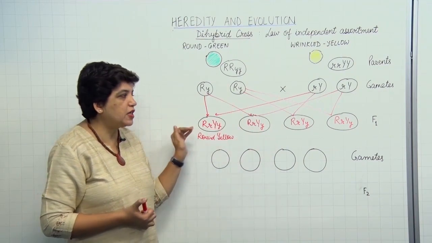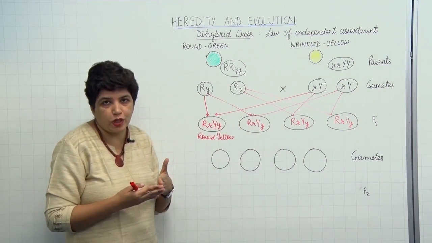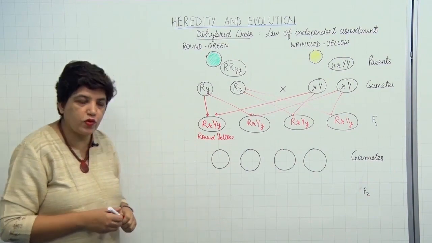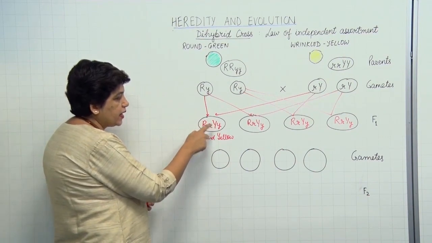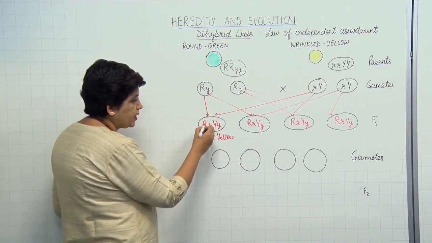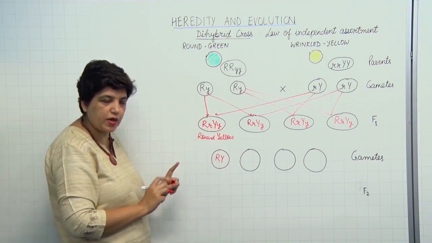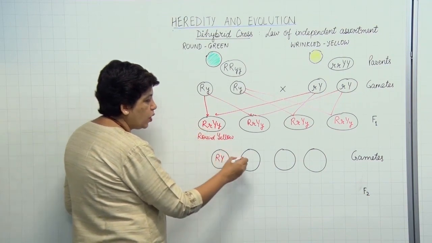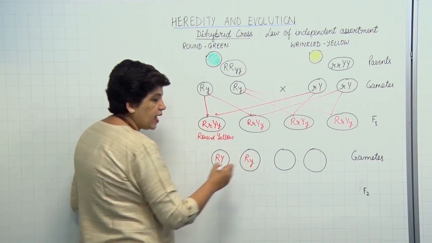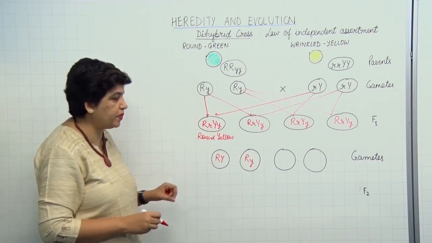Now, these plants were allowed to have self-pollination. What types of gametes will be formed? Capital R can pair with capital Y. This is the first type of gamete. Or capital R with small y. This is the second type of gamete formed from the F1.